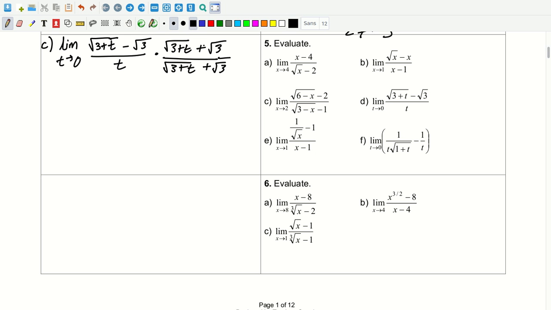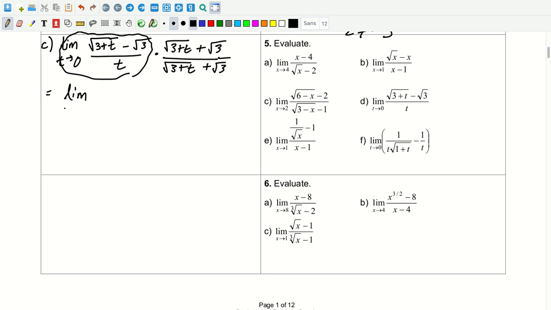Notice that I'm putting a factor on the top and the bottom. You want to do this because if you just put the top or just the bottom, you've now changed the problem. We don't want to do that. We want to solve this limit right here. So we multiply by essentially 1 and just make it look nicer.